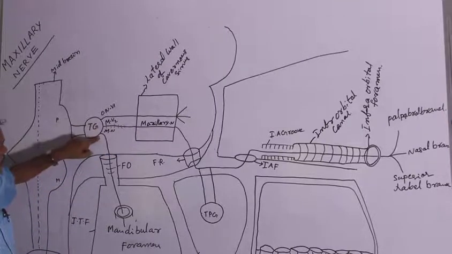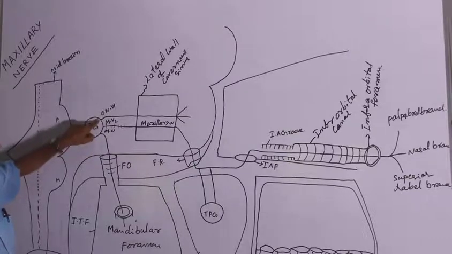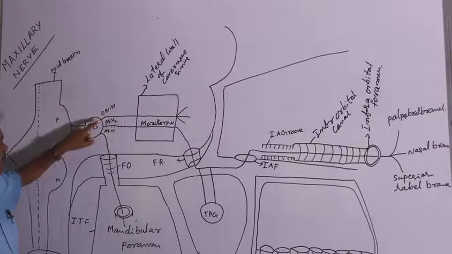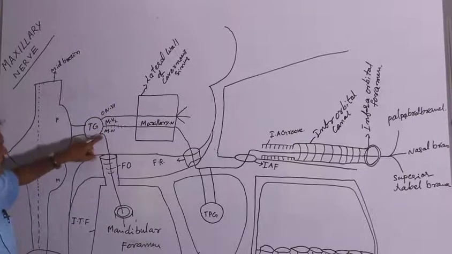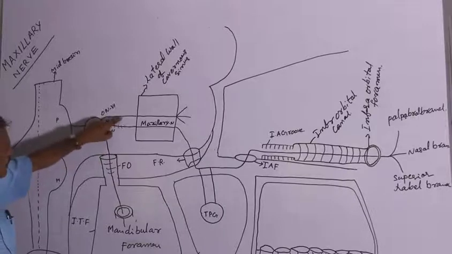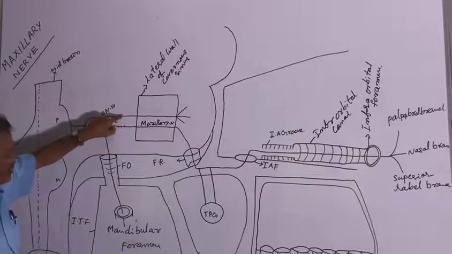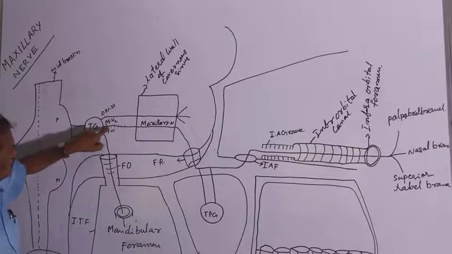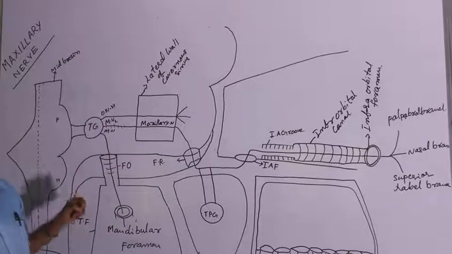From the medial aspect, there is the ophthalmic nerve arising from the trigeminal ganglion. On the lateral side, from the anterior margin, it gives the mandibular nerve.